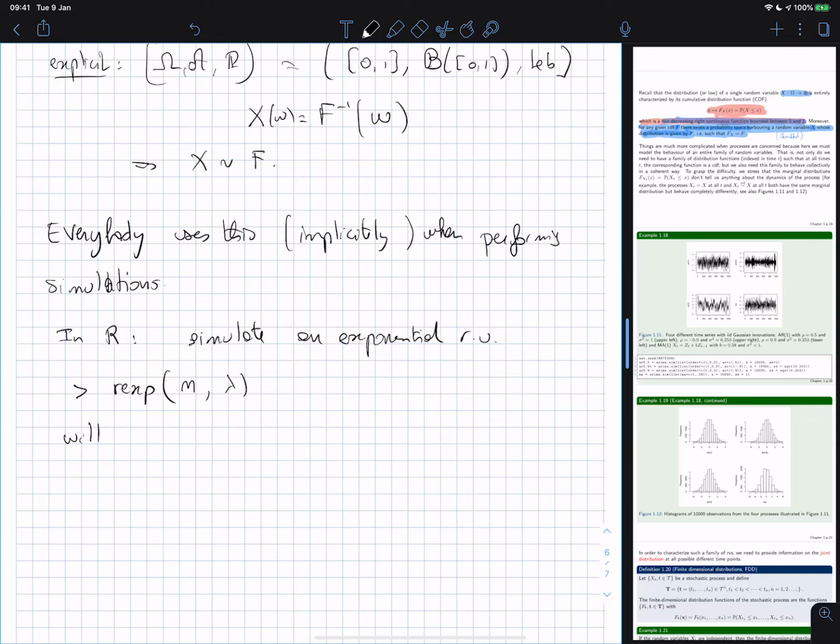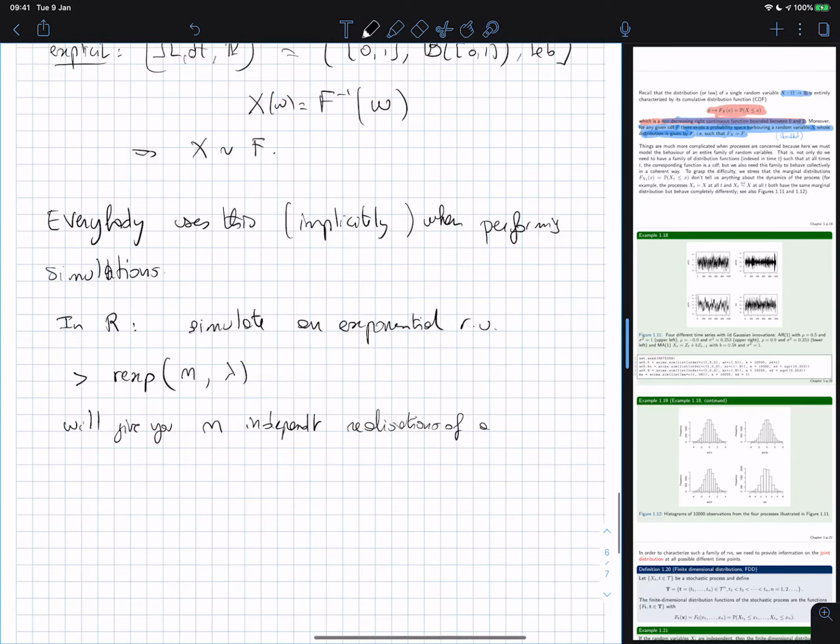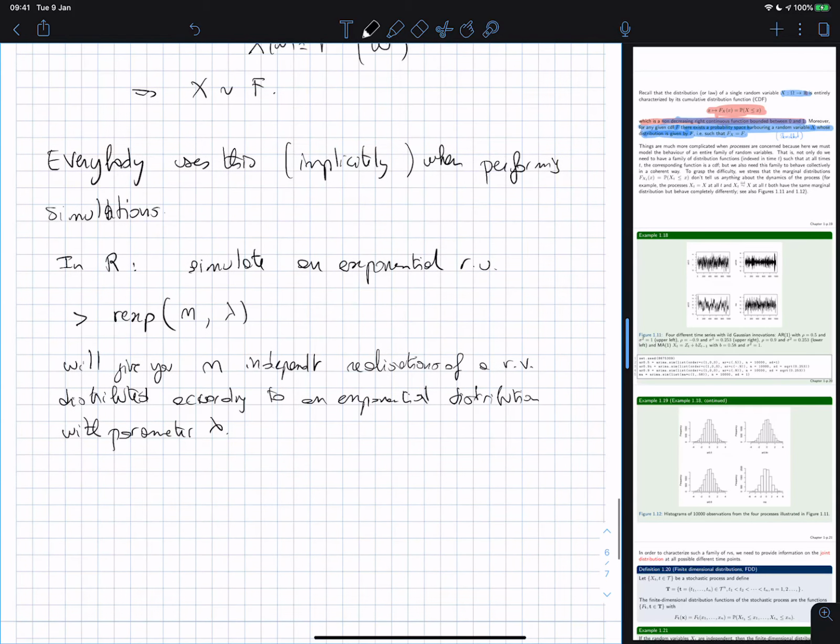It will give you n independent realizations of a random variable distributed according to an exponential distribution with parameter lambda.